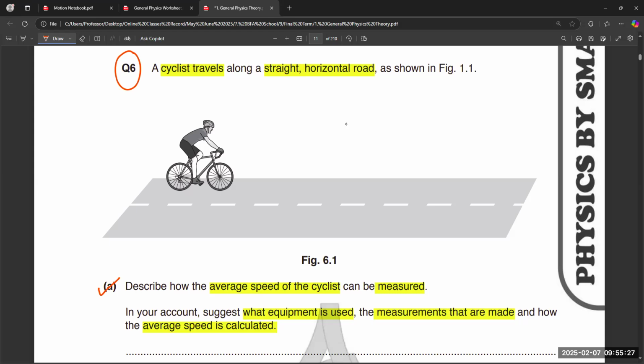First of all, we required a measuring tape, right? So with the help of the measuring tape, we can measure the distance easily because the ruler is not enough. So without measuring tape, we are not able to measure the distance covered by the cyclist.